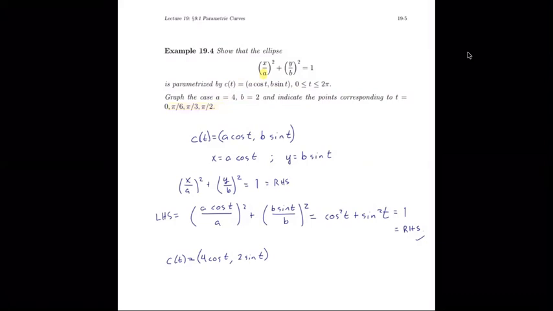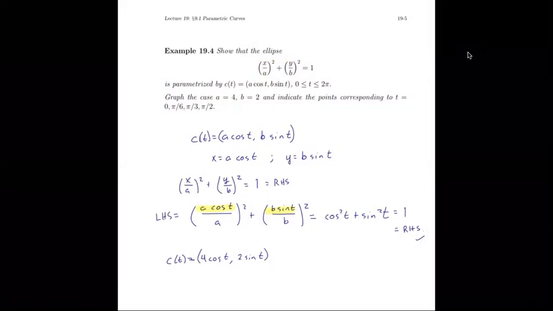So to confirm that the Cartesian equation is equivalent to this parametric definition, we take c of t equals a cosine t, b sine t. x is the first component, y is the second component, and we remember that x and y are in this equation, so we plug in for x and y, this substitution for each of those variables.